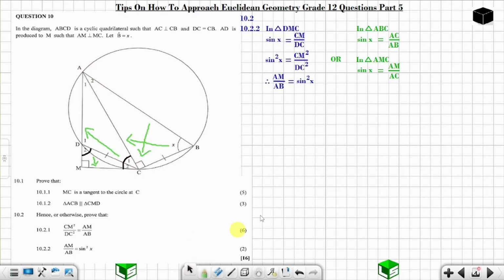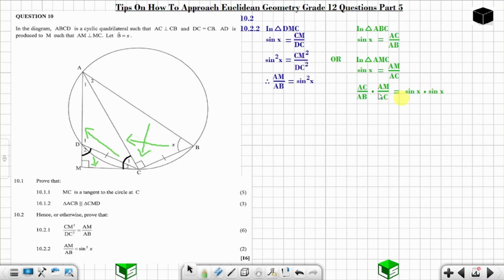So now you have this. You can multiply the two so that you have sin x squared, and you are going to cancel AC and AC. AC over AB times AM over AC is equal to sin x times sin x.